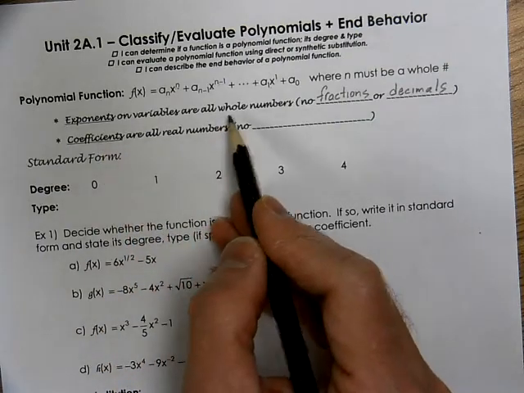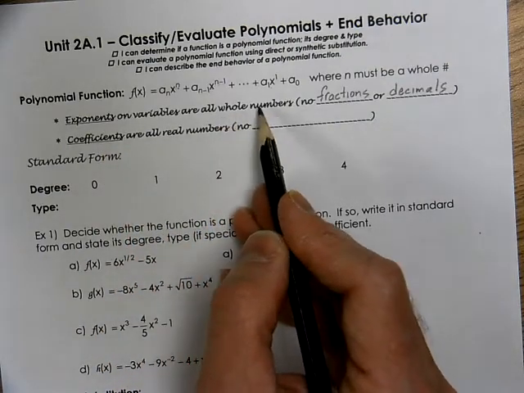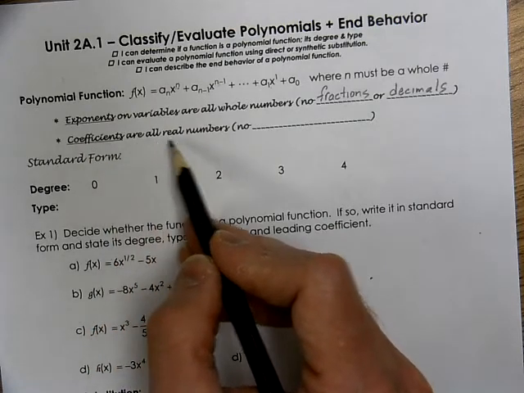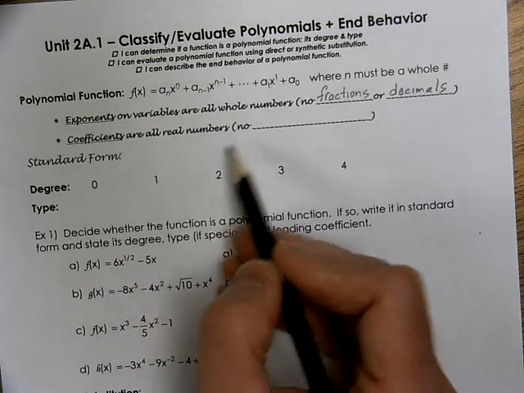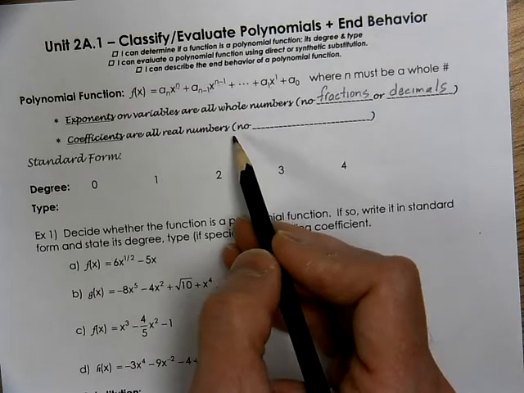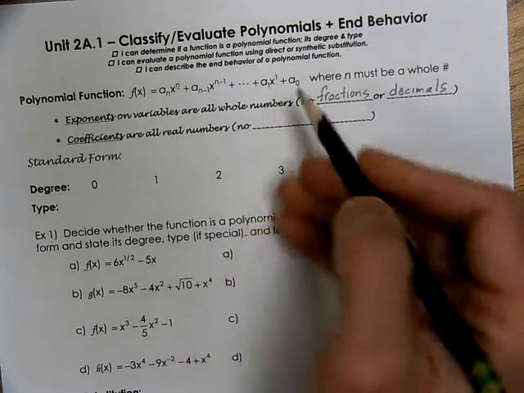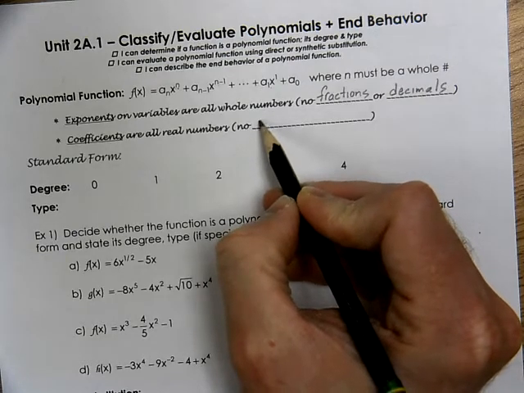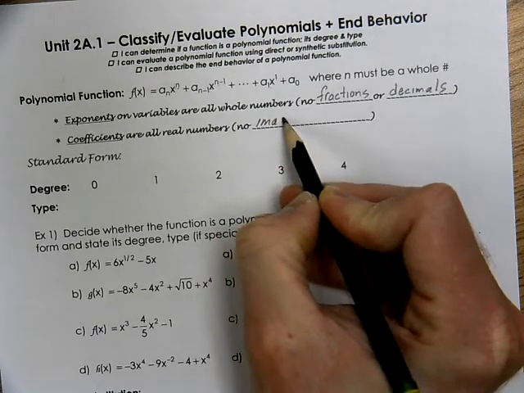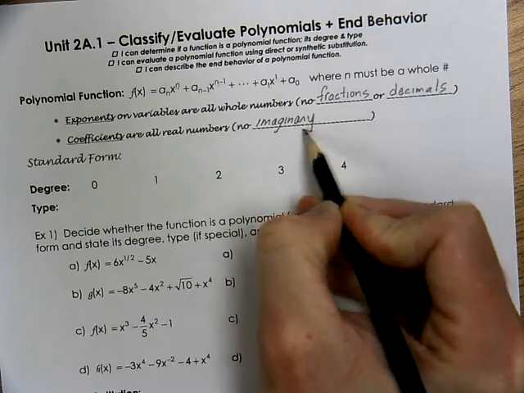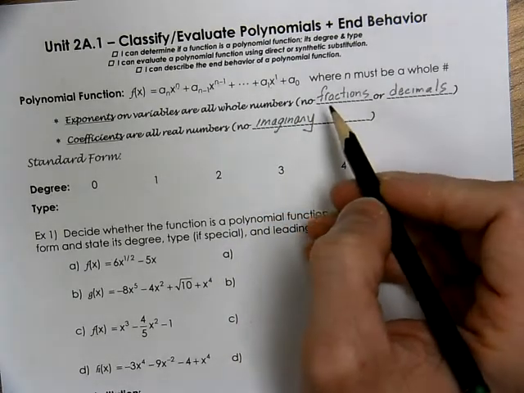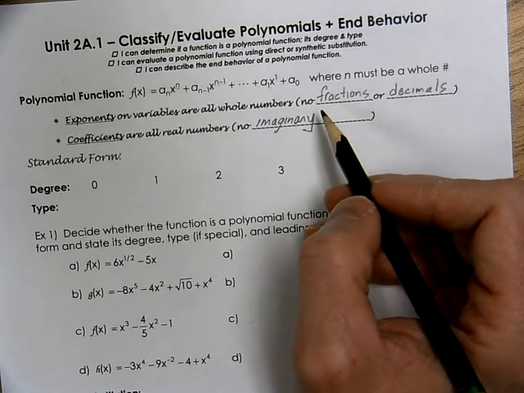So we're looking for whole numbers, which are positive counting numbers. Okay, the coefficients are all real numbers. So no imaginary numbers. And the one imaginary numbers that we really learned about were the negatives inside of a square root.